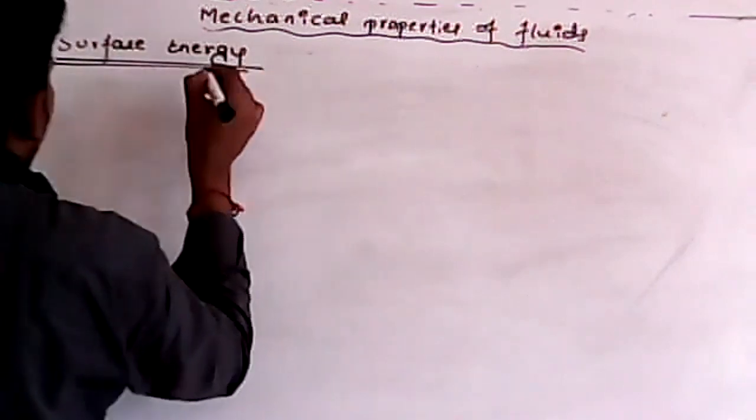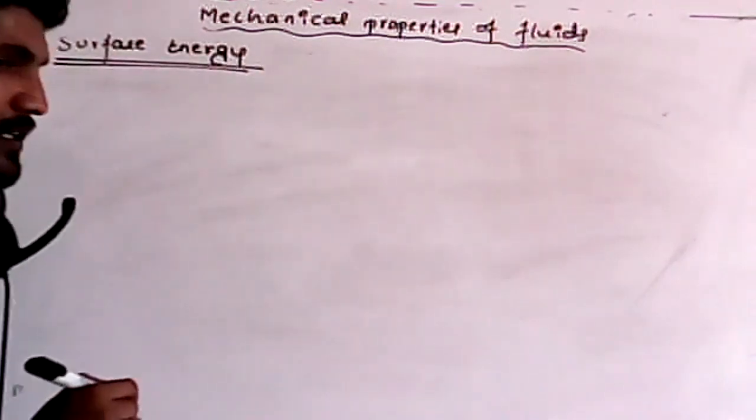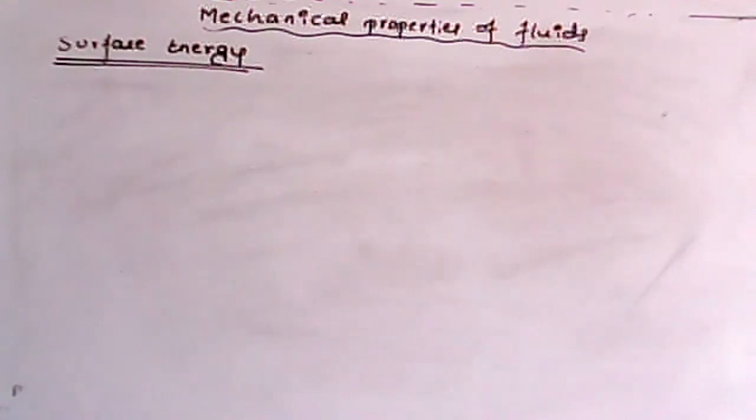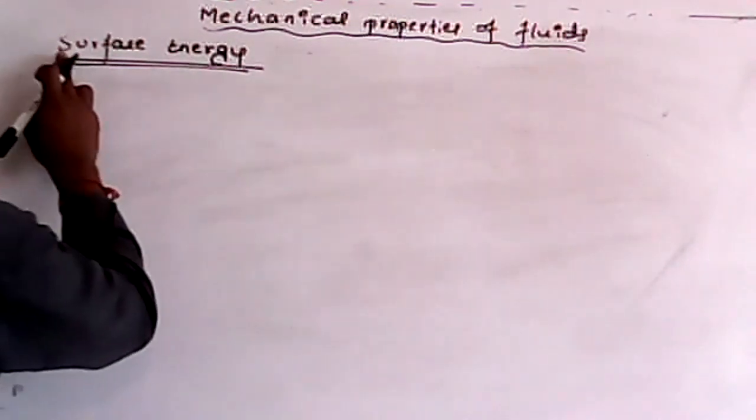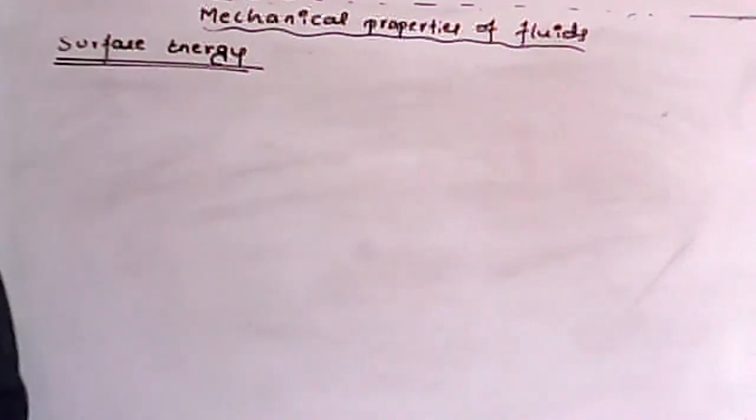Last class I already explained the molecular theory, isn't it? Where you can get greater, where you can get less energy, we already know that. In the same way, we can tell the surface energy. Surface energy means the additional potential energy due to the molecular force per unit surface area.